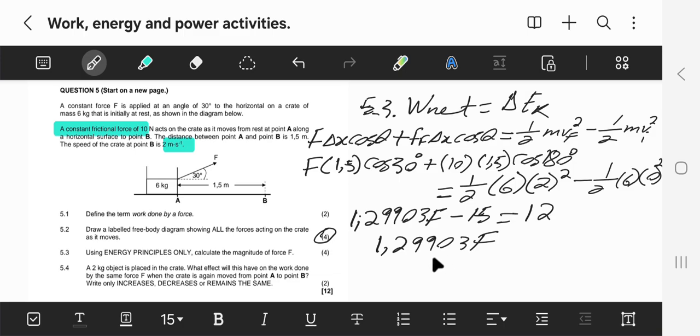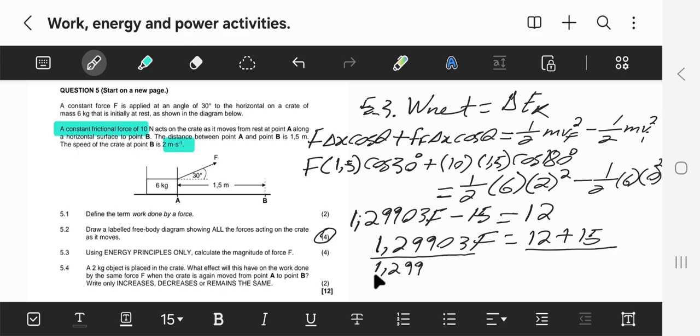And here, guys, what you will notice is that I didn't round off my answer to 2 decimal places yet, because it's not the final answer. That's why I have it like this. So this side we will have 12 plus 15. When I take 15 to this side, it becomes positive. And then from here, guys, I'm going to divide by the coefficient of f on both sides.